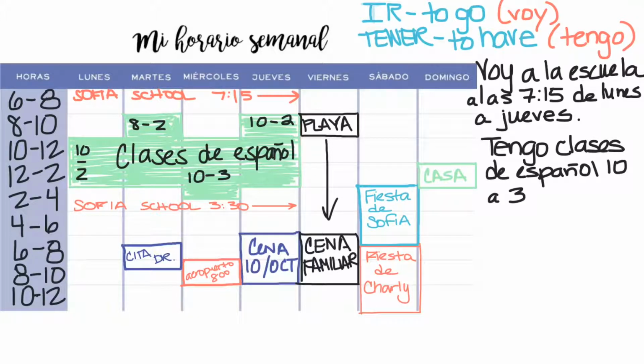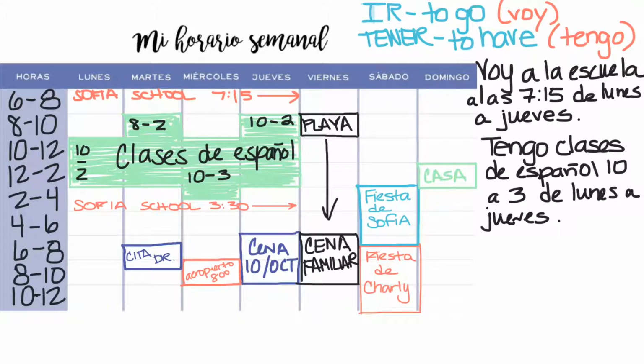And again, the same thing this week. De lunes a jueves. I could put in the morning to the afternoon, but I think it's pretty understood that it's 10 a.m. to 3 p.m. and not 10 p.m. to 3 a.m.